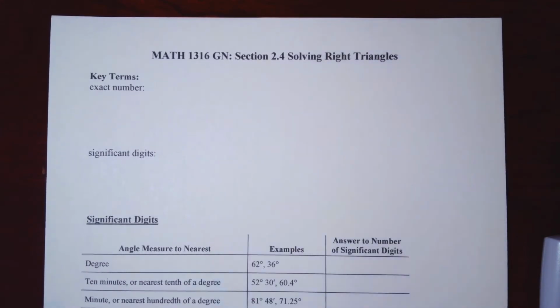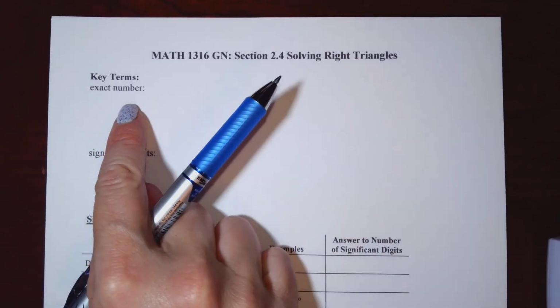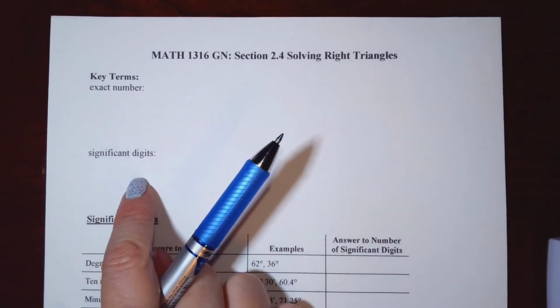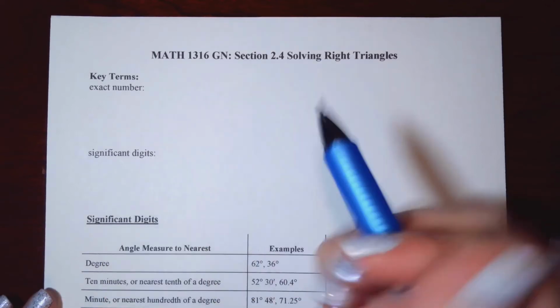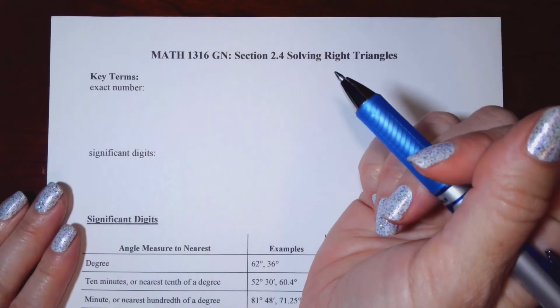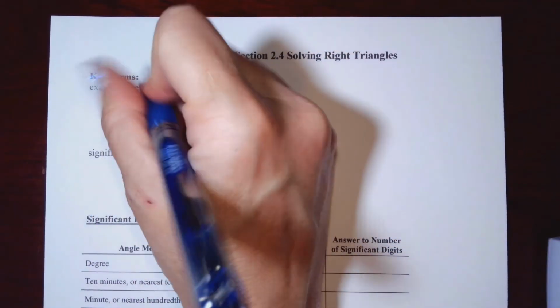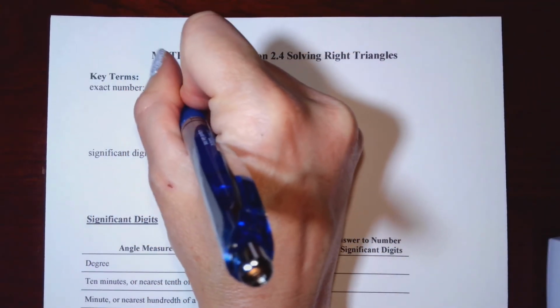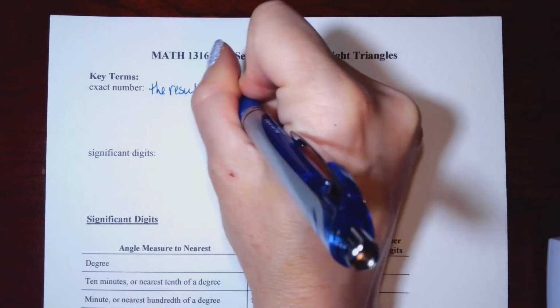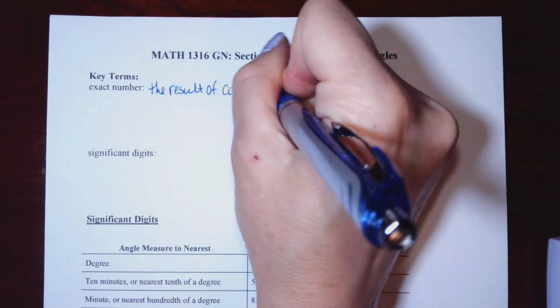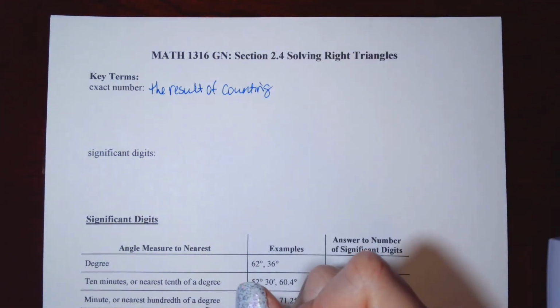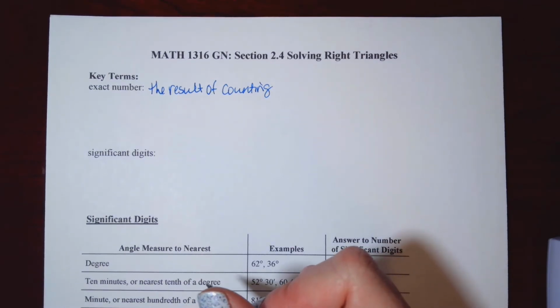Now, as we start solving, we want to be concerned with the difference between exact numbers and theoretical numbers and significant digits. An exact number is the result of counting. For example, I can tell you exactly how many pens I have laying next to me because they are distinct and I can count them.